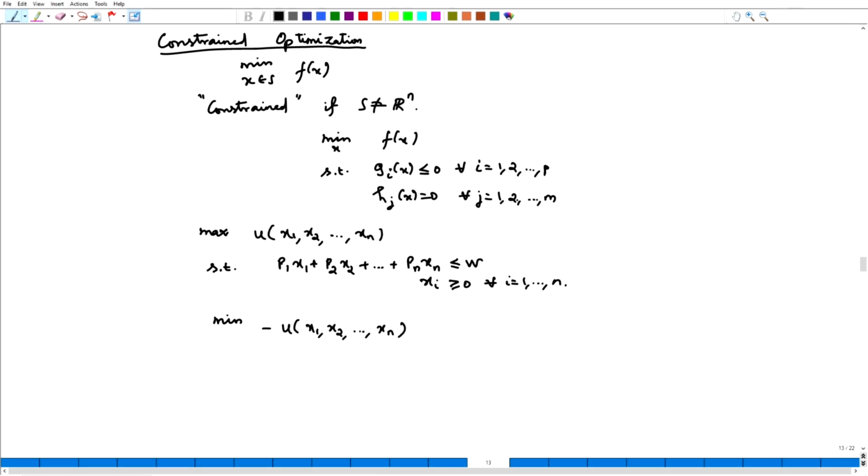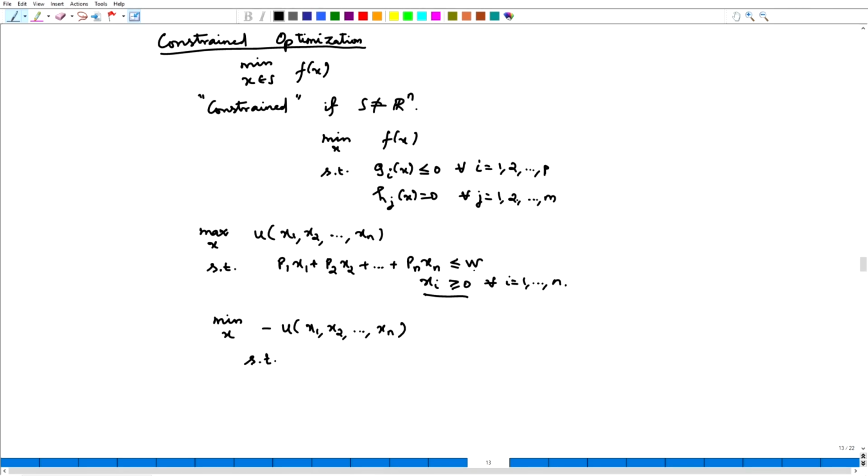If you want the values to be equal, you have to write it as minus the minimum of minus u of x1 to xn, but that is fine; finally, if I want to find the value, I will take the negative value. The other issue is that I only have less than or equal to constraints above, but here I have greater than or equal to constraints, so that has to be changed as well.